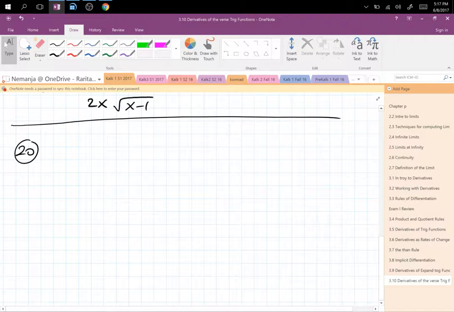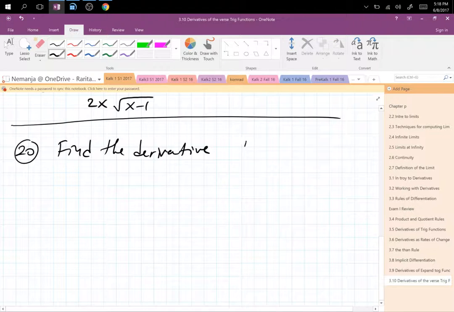It says find the derivative for f of x equal to, actually it's f of t, the main variable is t, cosine inverse of t squared.